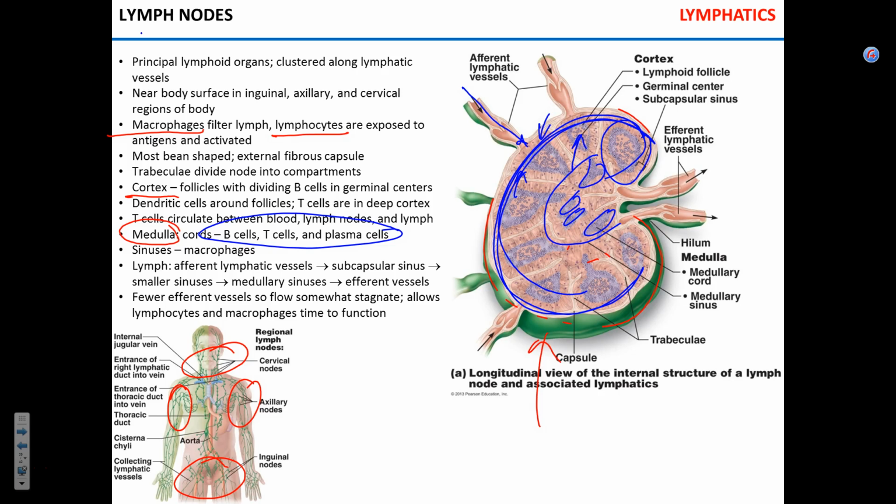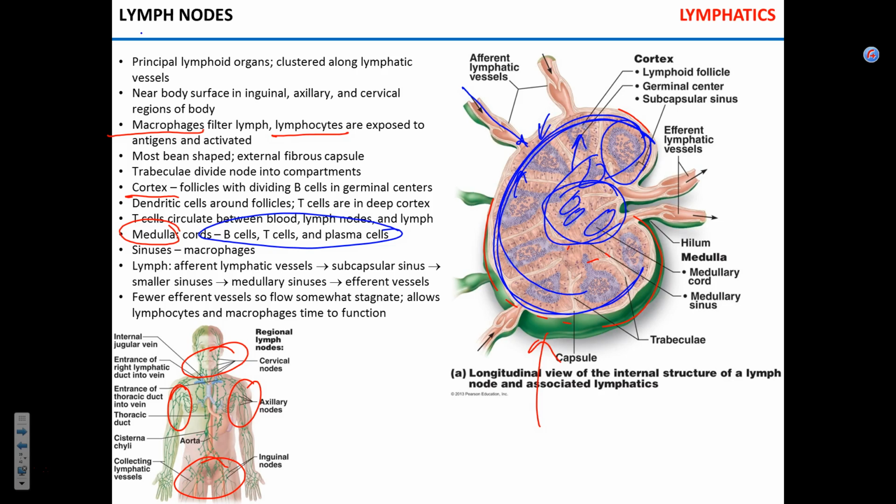Does that make sense? And then, as they get exposed and get activated, fully functional B cells, T cells, and as a result of B cell differentiation, plasma cells, will be found in the deeper medulla, where they're going to be entering the blood to produce antibodies, or circulation will deliver them to the sites of infection. Does that make sense?